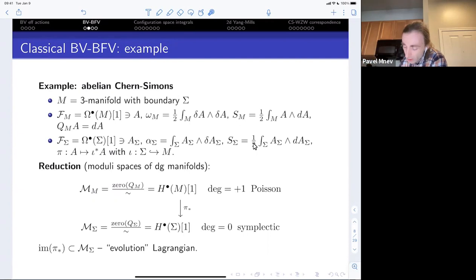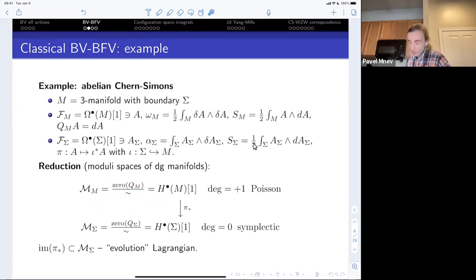In the supergeometric language, we are looking at the zero locus of Q in the bulk, and we are transitioning to the leaf space of the distribution induced by linearization of Q on its zero locus, and likewise for the boundary. So it's a moduli space of the DG manifold, differential graded manifold.